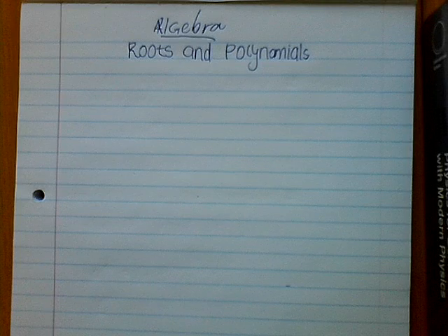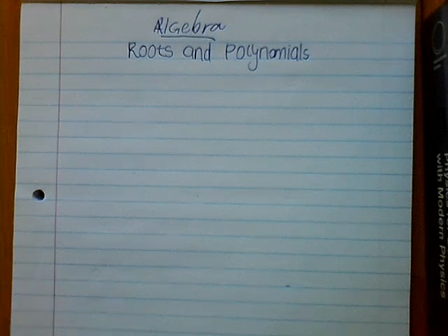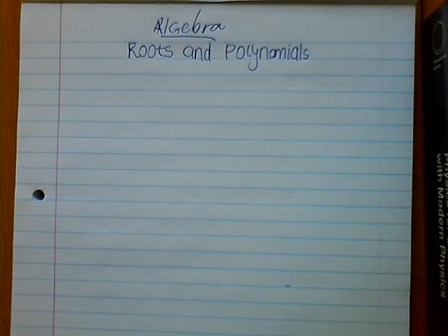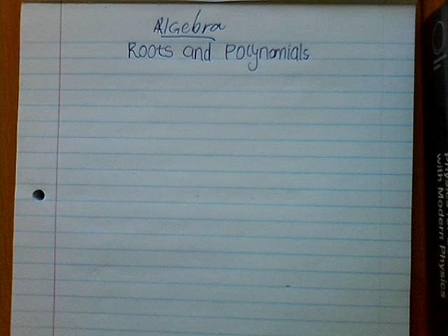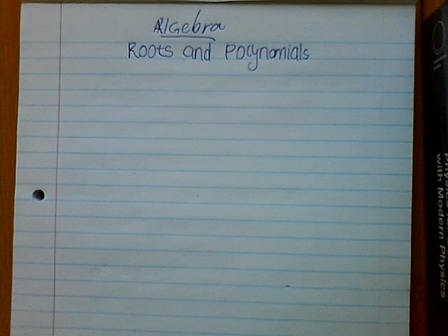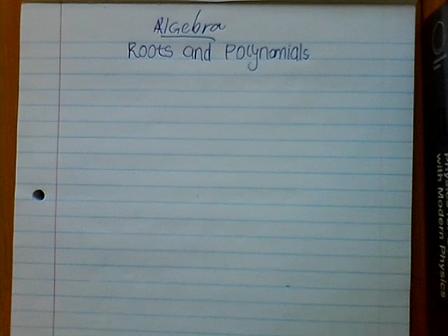We did Euler's formula, we did complex numbers, and roots and polynomials is actually trying to find the roots of complex numbers. What we really want to show is that a complex number has n nth roots for every natural number n.